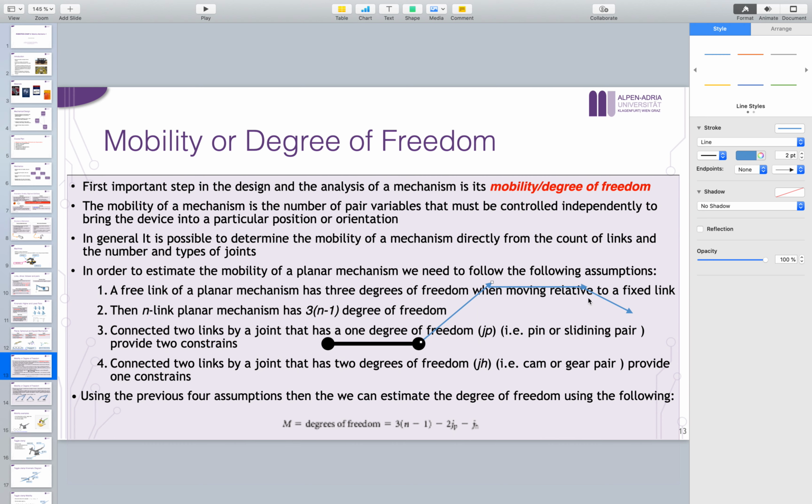We have 3 joints with 1 degree of freedom. So 1, 2, 3. In this case it would be 9 minus 6, and we will have 3. And we don't have joints that have 2 degrees of freedom, so it would be 0, and that means we have for this mechanism 3 degrees of freedom.